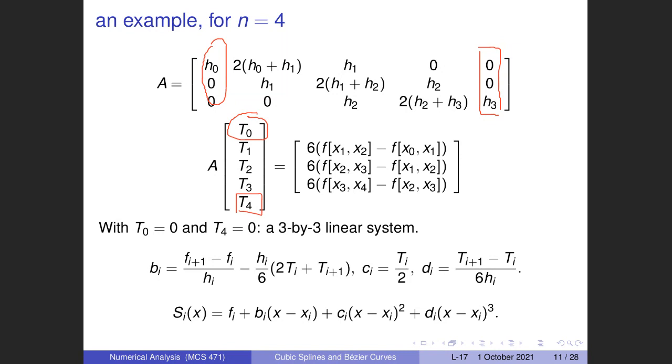When you compute them, you can compute the coefficients. So the BI can already be computed from the divided differences. The CIs and the DIs are computed with the computed TIs, which are proportional to the concavities.